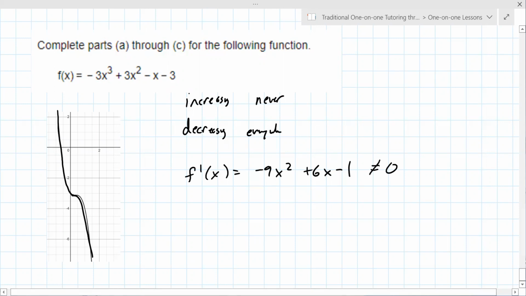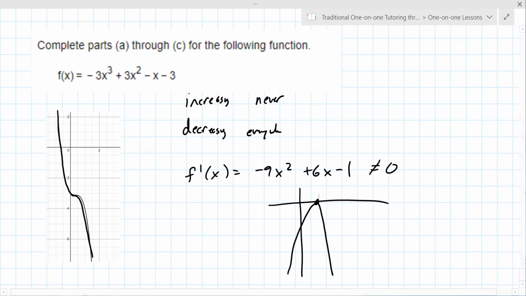And a graph of that, just to illustrate what I'm talking about, minus 9x squared plus 6x minus 1. It only ever touches the axis. It touches right there, 1 point, but it never crosses. So it's always negative.